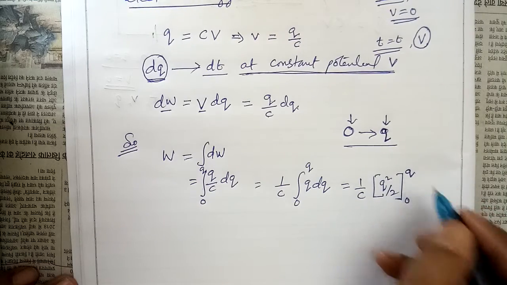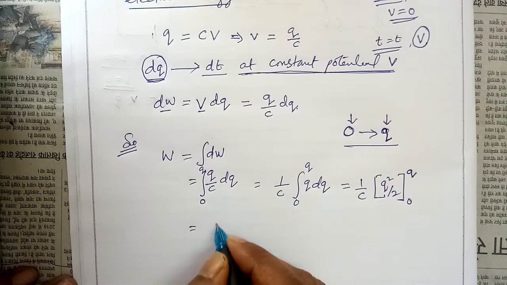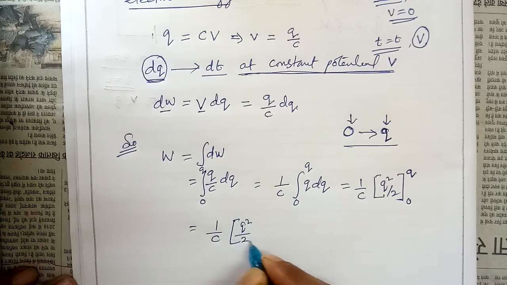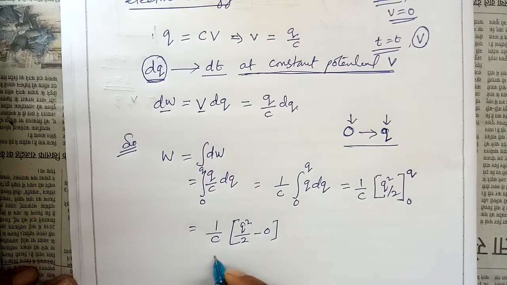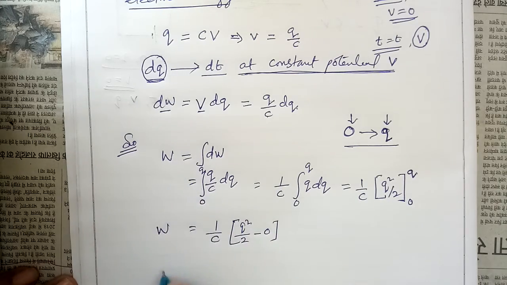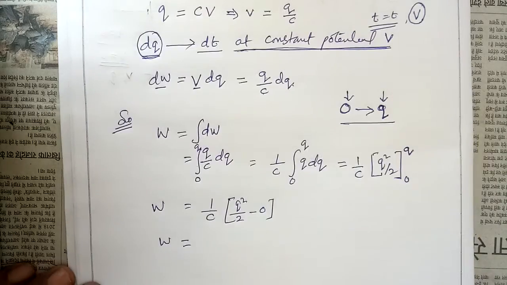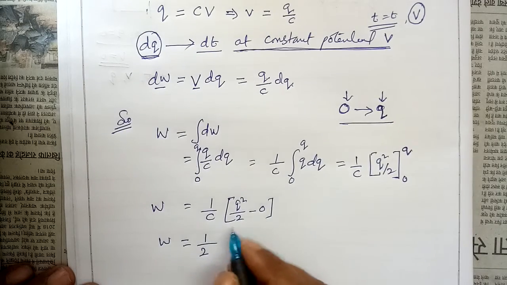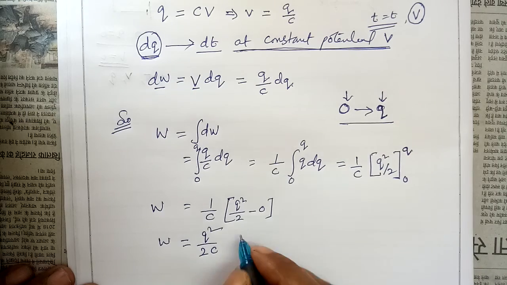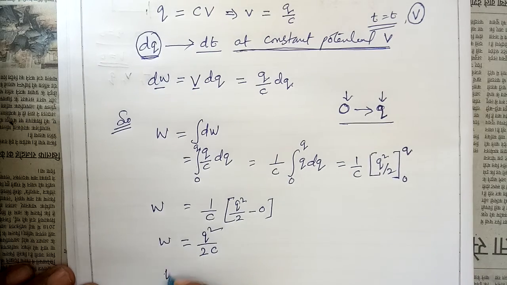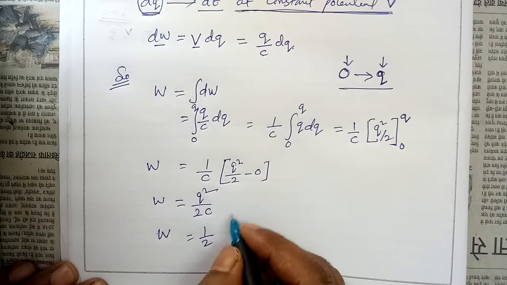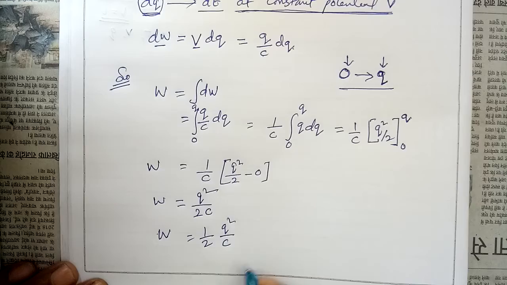Simplifying, we get 1 by C q square by 2 minus 0. So this expression becomes W is equal to 1 by 2 q square by C.